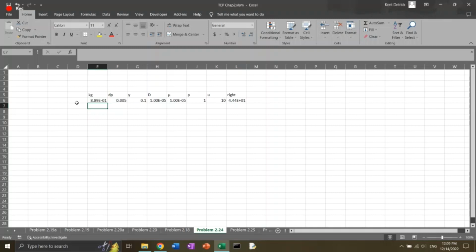Okay, so this is number 1, number 2, number 3, number 4, and number 5. Scenario 2 said everything's the same, only double the particle diameter. So now this is doubled, but everything else is the same.